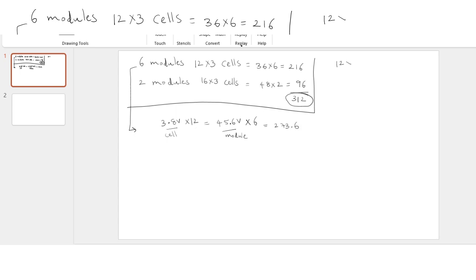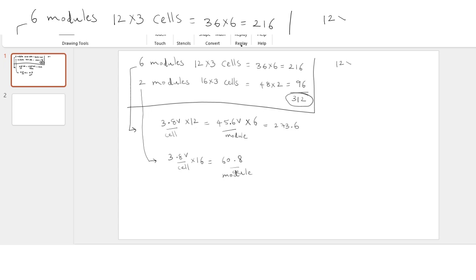Whatever remaining 2 modules there are, 3.8 volt cells are connected in 16. In 16, right? So we will get 3.8 into 16, 60.8 volts here.